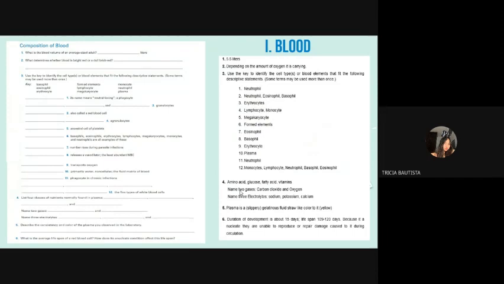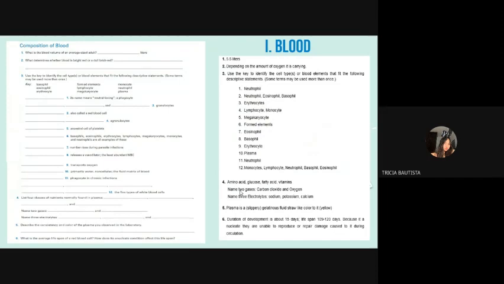So in number 1, its name means neutral loving, a phagocyte. It is a phagocyte. So our answer is neutrophil. Number 2, what are the granulocytes? These are the neutrophil, eosinophil, and basophil.